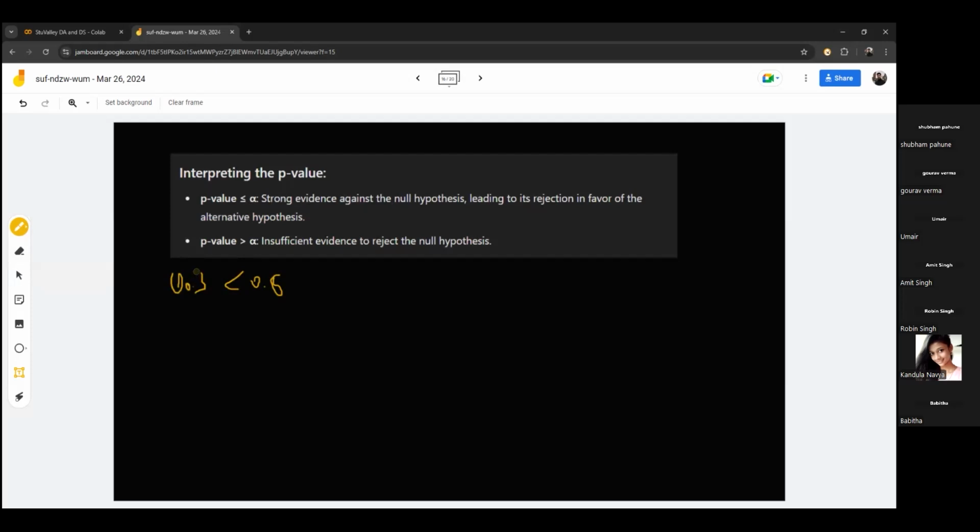This says there is strong evidence against the null hypothesis, leading to its rejection. We will say that the things need to be seen again and things are not the same. We got some evidence that we have to reject the null hypothesis. So this 0.3 is very significant. The lower the number, the more significant it is.